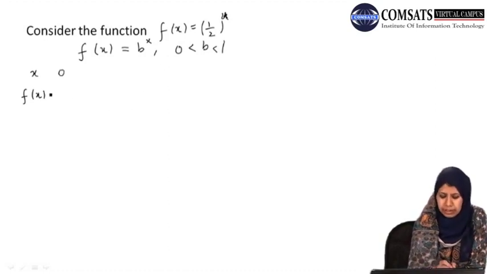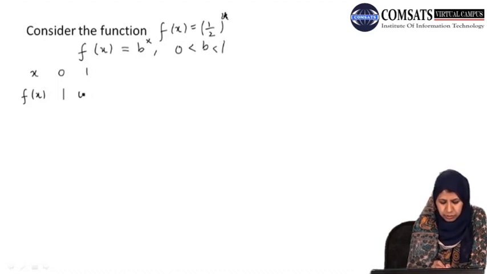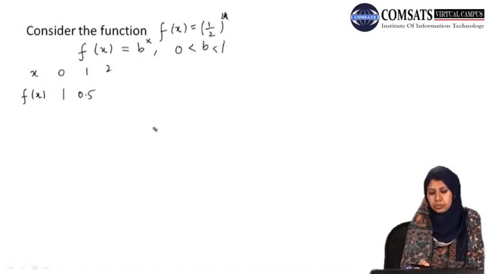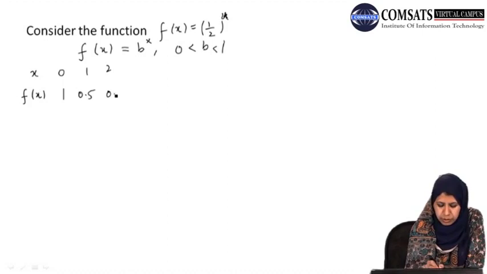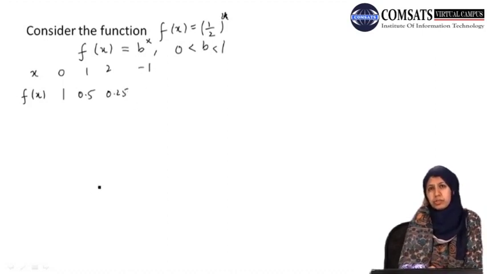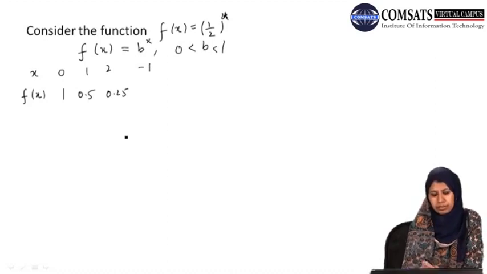When x is 0, clearly we obtain the answer 1. When x is 1, the answer is 0.5. When x is 2, the answer is 1 over 2 square, which is 1 by 4, which is 0.25. And now the negative values. When x is minus 1, what will happen?